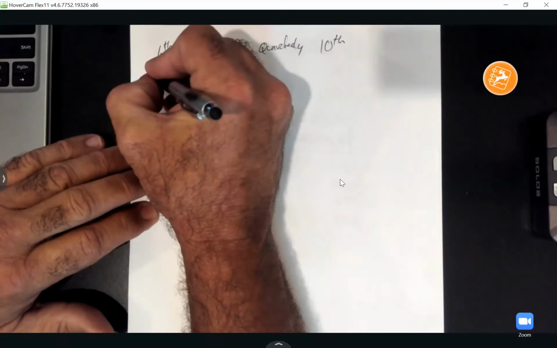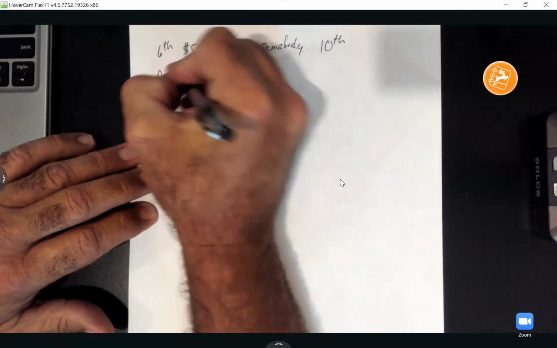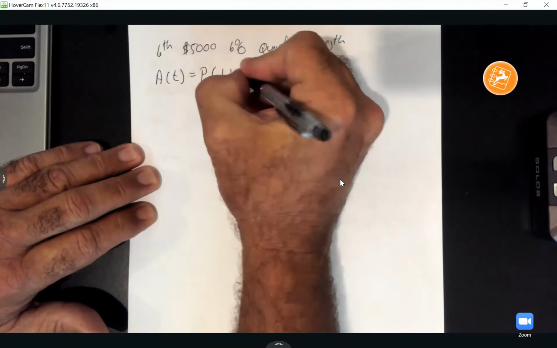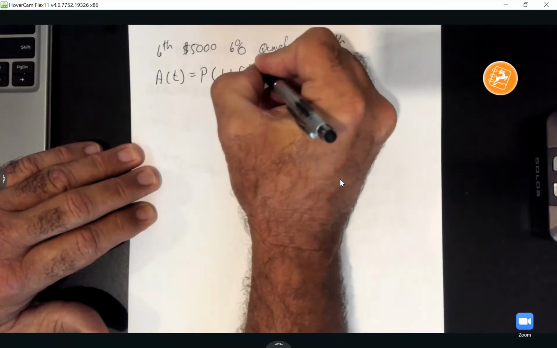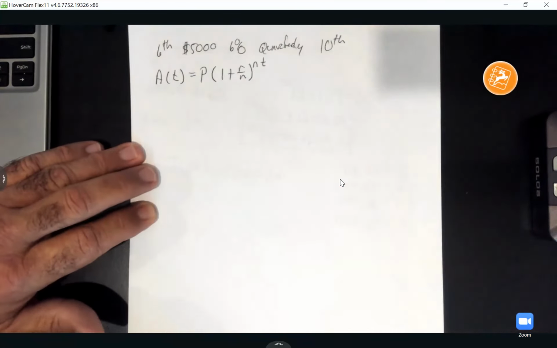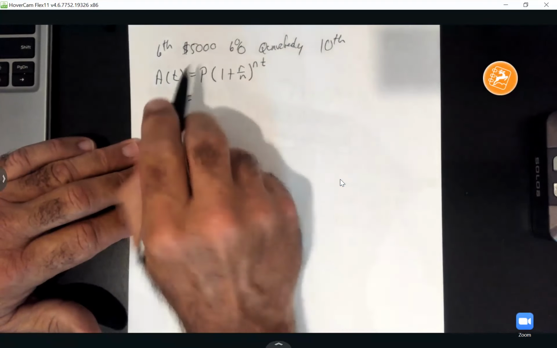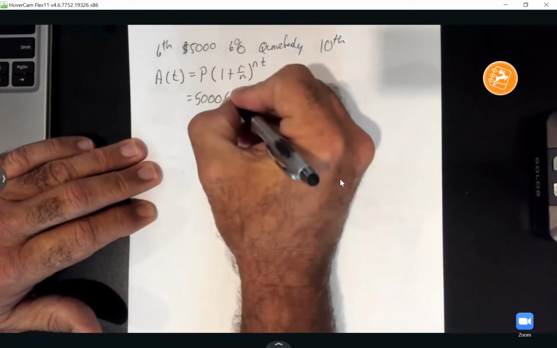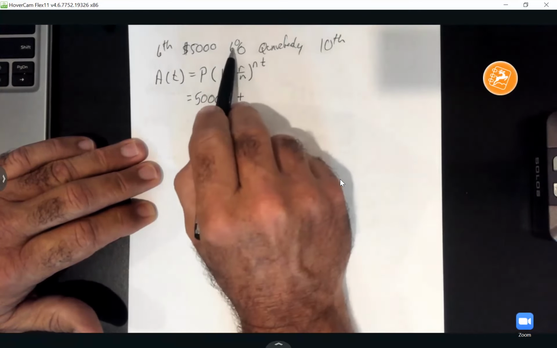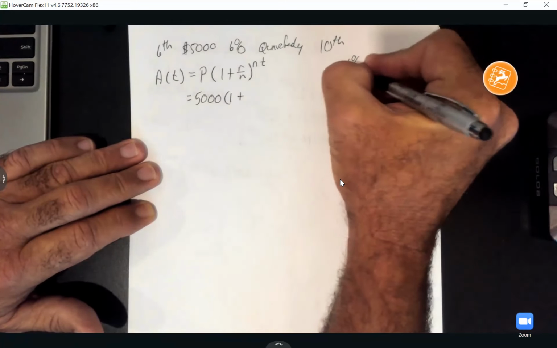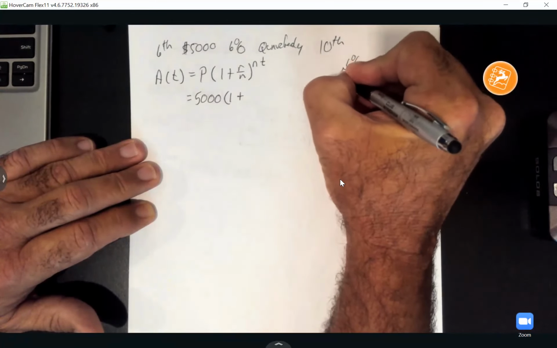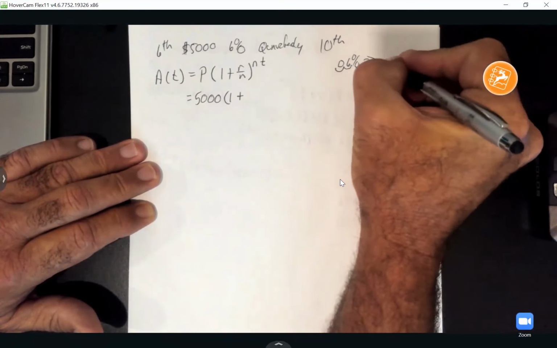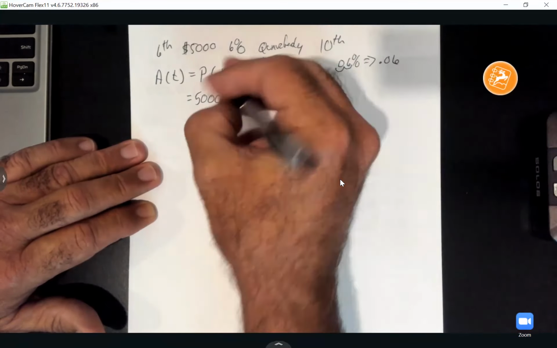Now, what's nice is it's the same exact formula. I'm still going to be doing my A of T equals P times 1 plus R over N raised to the N times T. We know our principal, that's her 5,000 she started with. 1 plus interest rate, 6%. Move that decimal left twice, which means I have to add a 0 so that I get 0.06.